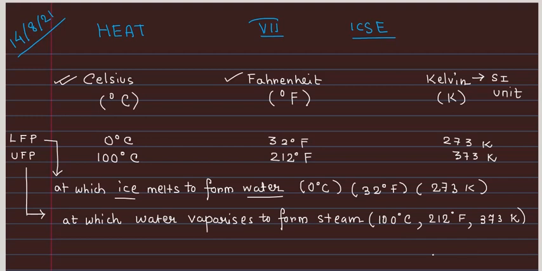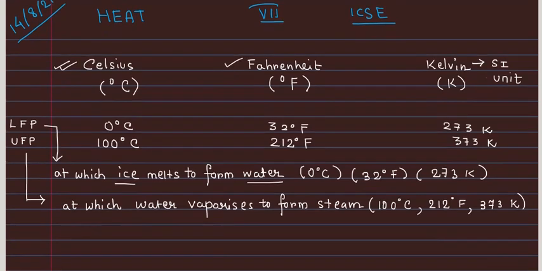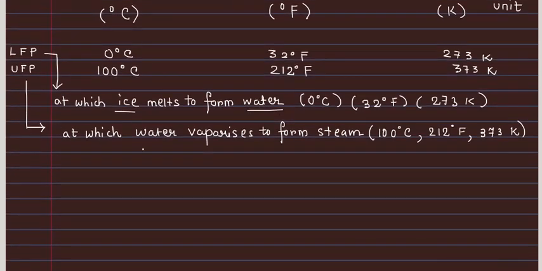Now what are the relationships between these different temperature scales? The first thing that we can see is that in the Celsius scale we have 100 divisions, and in the Kelvin scale also we have 100 divisions. But in the Fahrenheit scale we have 180 divisions.